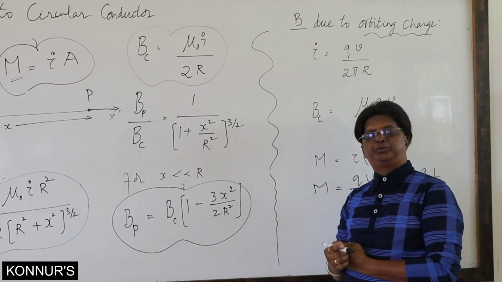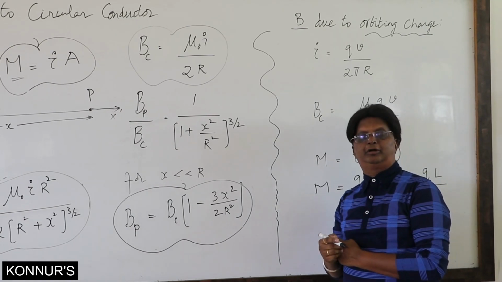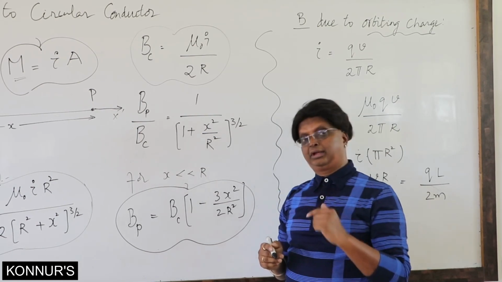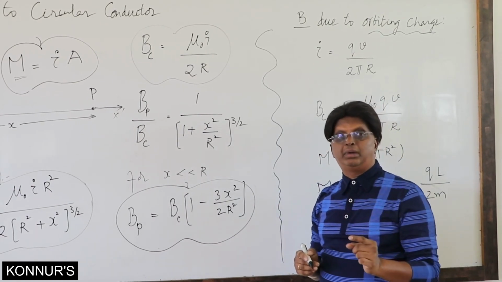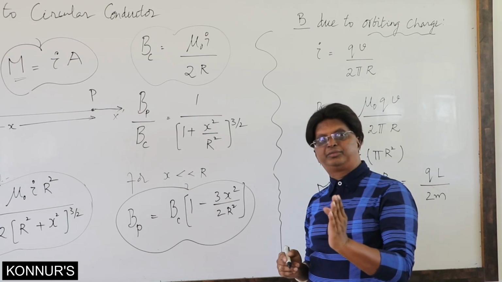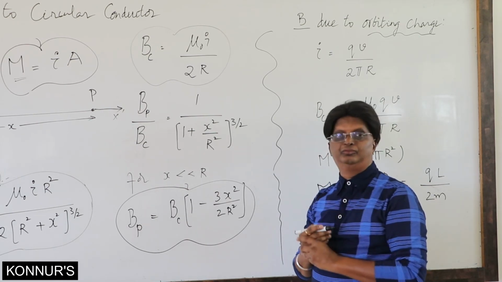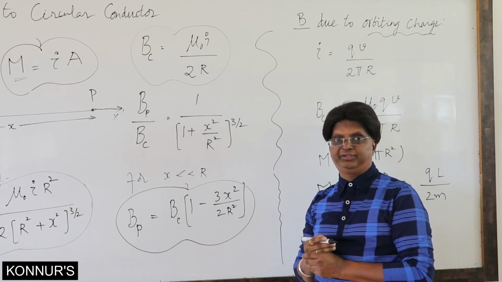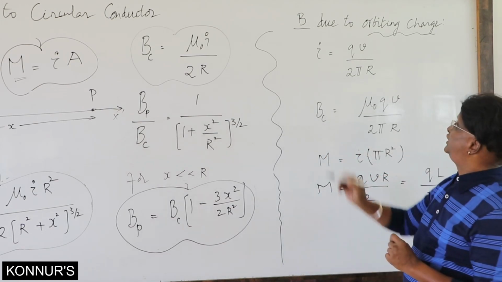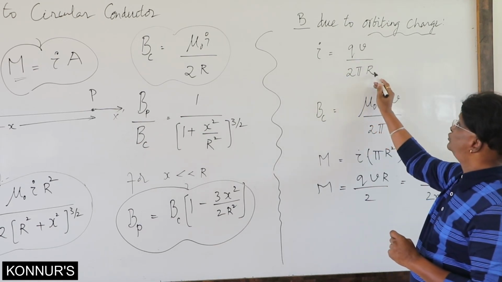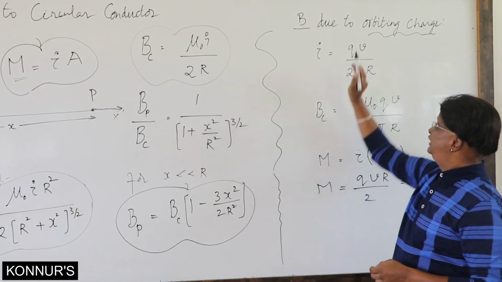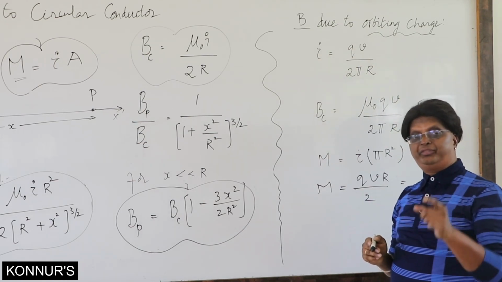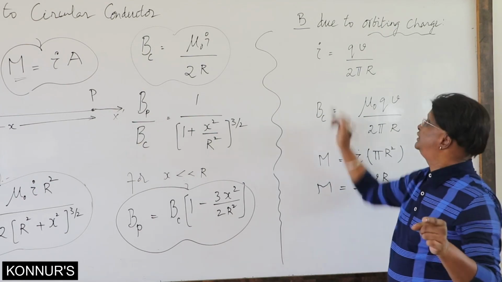In current electricity we have said that for a charged particle in orbital motion, the orbit as a whole acts as a current loop whose current is given by I equal to charge times frequency, otherwise qv by 2 pi r, with orbital velocity v and r for radius. Now I am substituting I equal to qv by 2 pi r. So even an orbiting charge will produce magnetic induction, and we are writing that magnetic induction at the center.